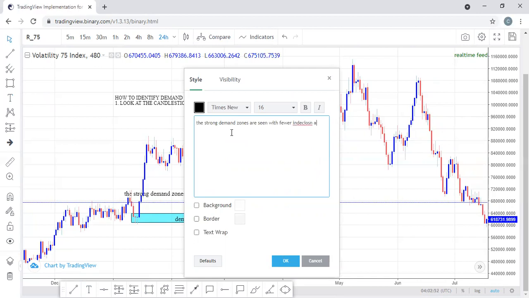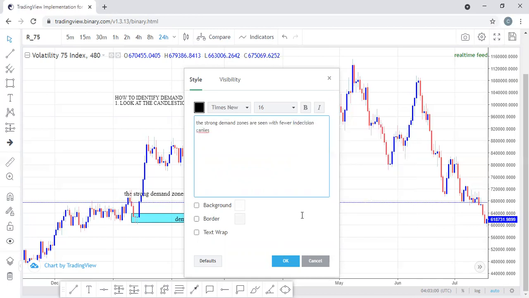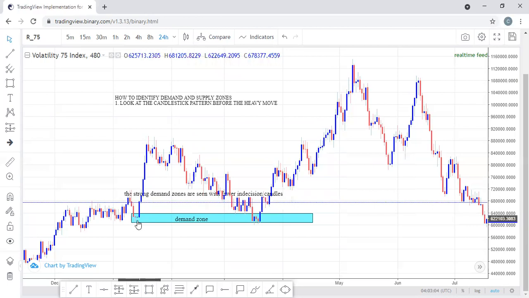So the supply zones, the demand zones are seen with fewer indecision candles. That means if you come and you're seeing about 10 candles like this, it's telling you that place is not really a strong zone. It means that the buyers were still trying to push.